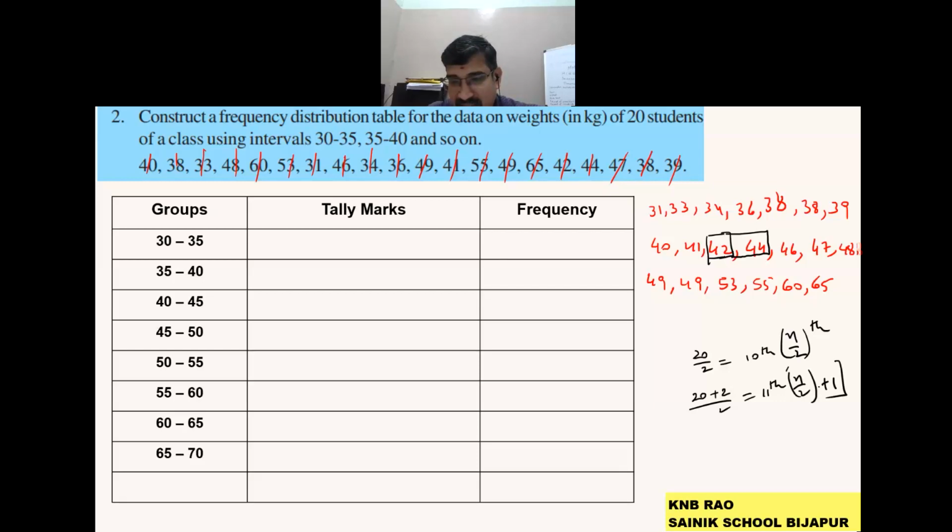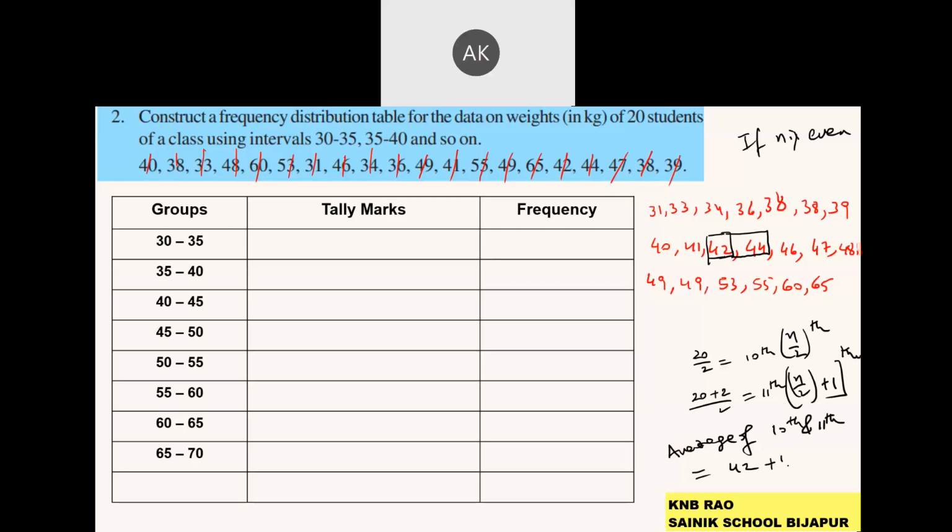If n is even, I have to take the average of the 10th fellow and the 11th fellow. How to find the average? So 42 plus 44, two numbers I'm adding, and I have to divide by 2.